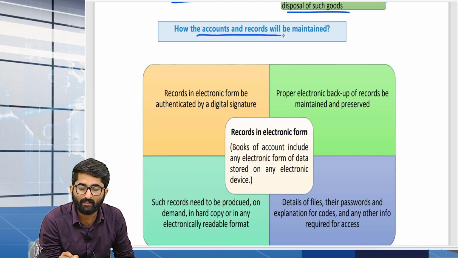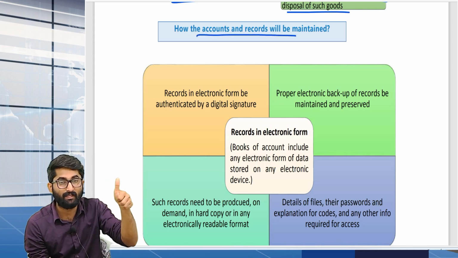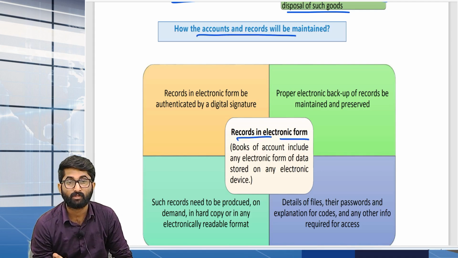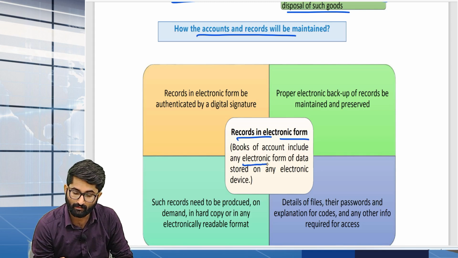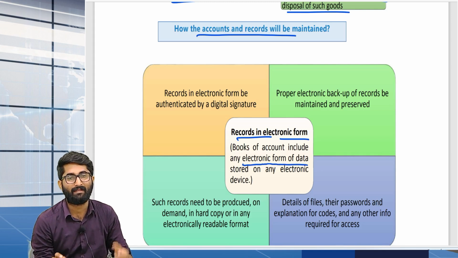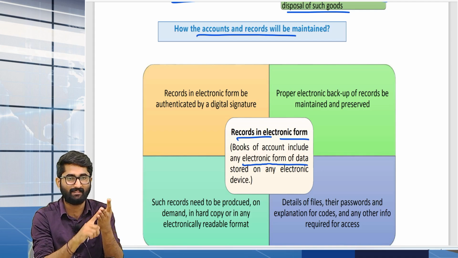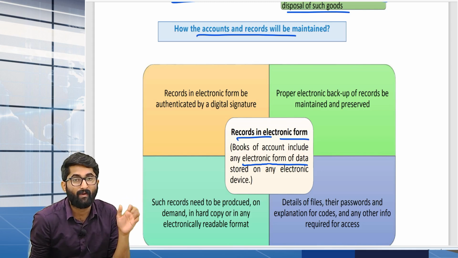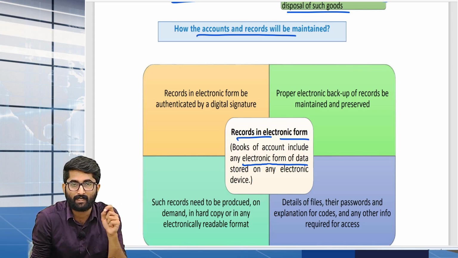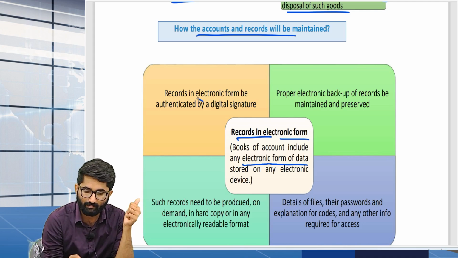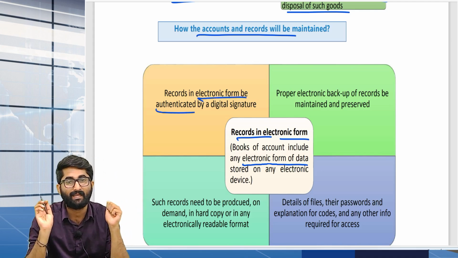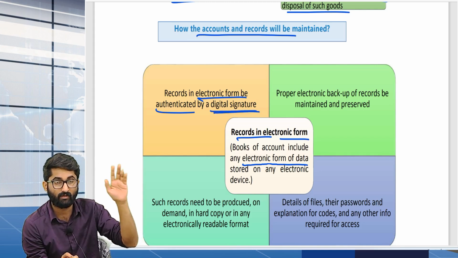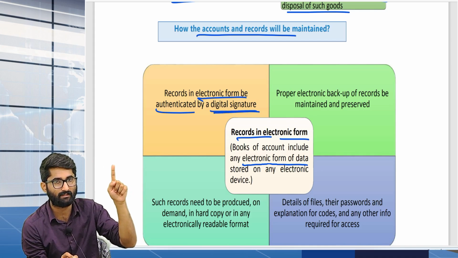Now, how to maintain the records? It can be maintained manually, it can be maintained electronically. Books in the electronic form: books of accounts include any electronic form, for example, pen drive, floppy disk or hard disk, all these things are considered as books of accounts, provided they are maintained in the prescribed manner. So records can be in electronic form, but should be authenticated by digital signature.